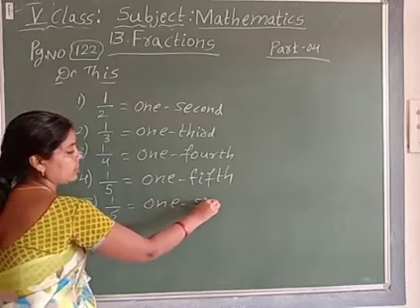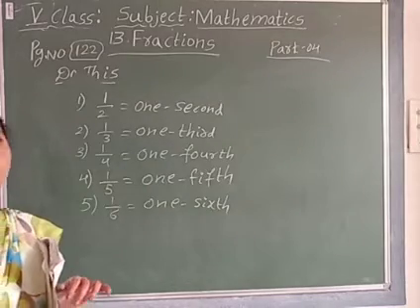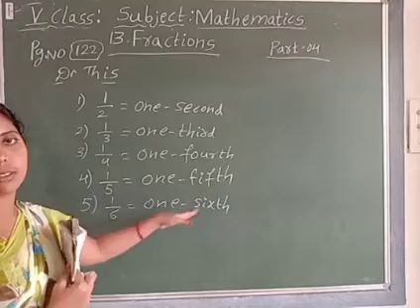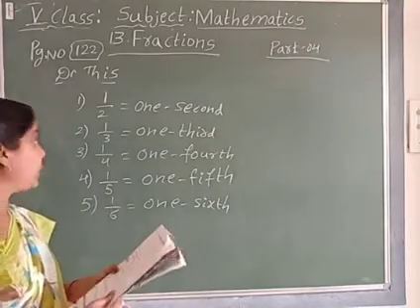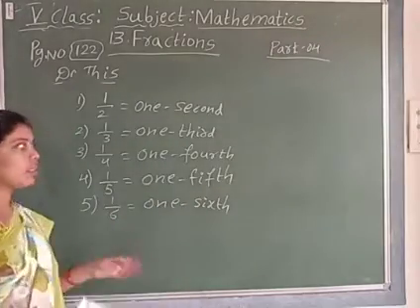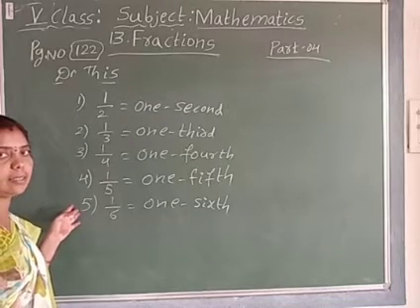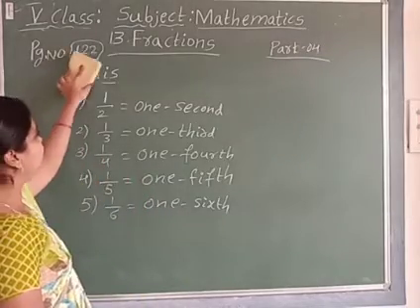Understand, all of you? 6th, 7th, 1/12th. Whatever number is the denominator, you will write like this, okay? Understand? Next one, on page number 123, all of you write this first. Okay, good. So page number 123 now.